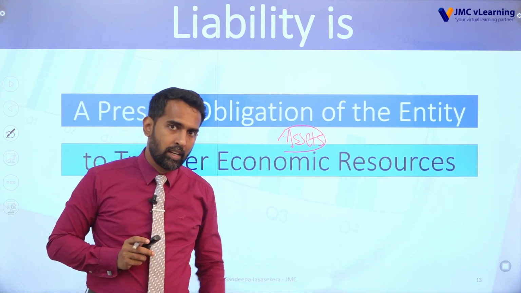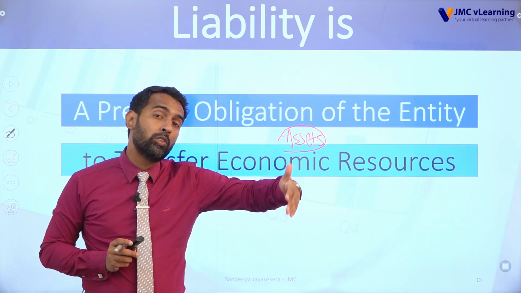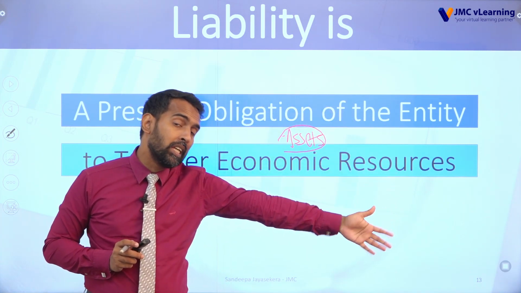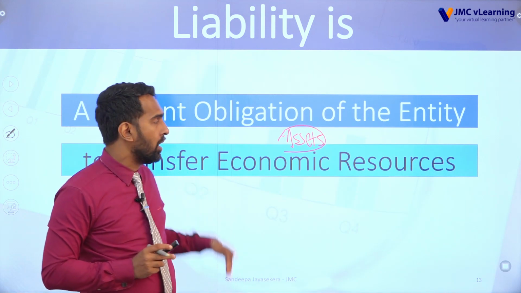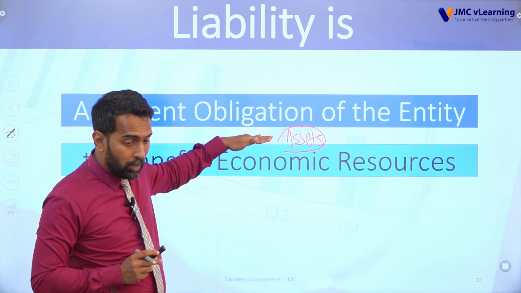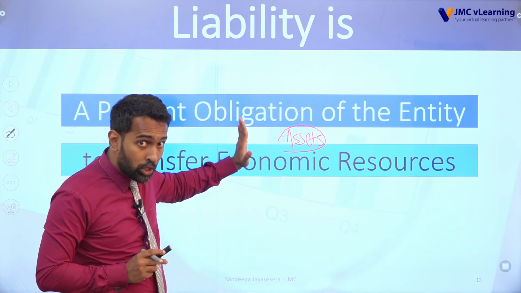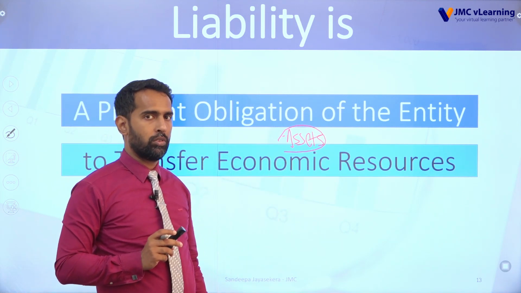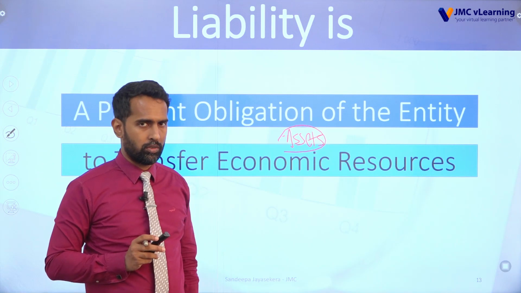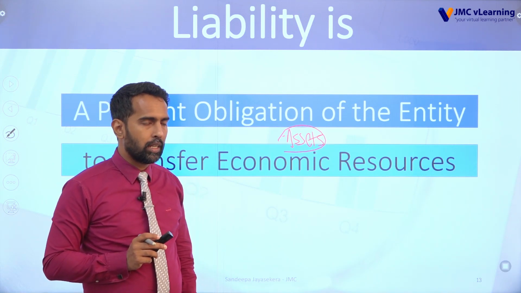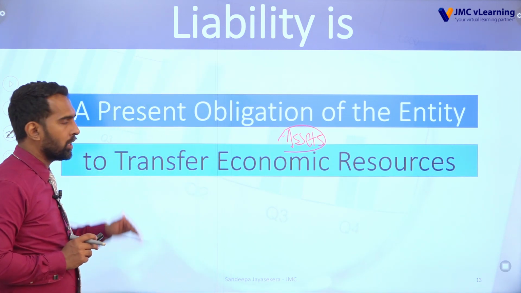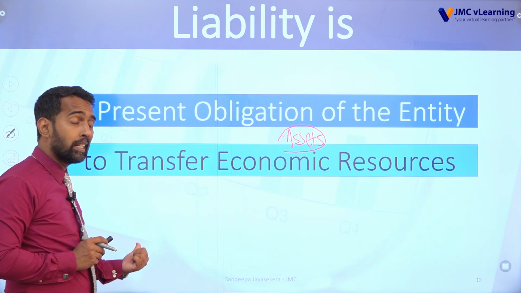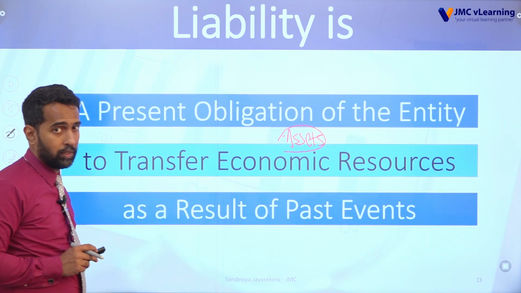Cash is an asset. When you are settling the bank loan, sometimes you have to give away your property, which is an asset. You are presently obliged to transfer, to provide an economic resource. Clear? Present obligation to transfer economic resources, once again, as a result of past transactions and events.